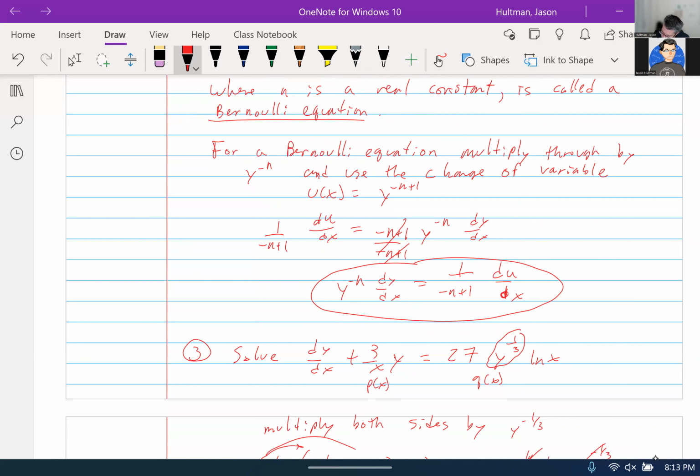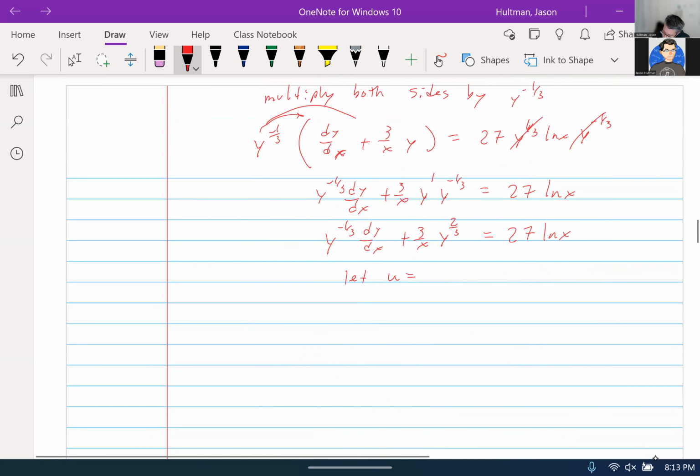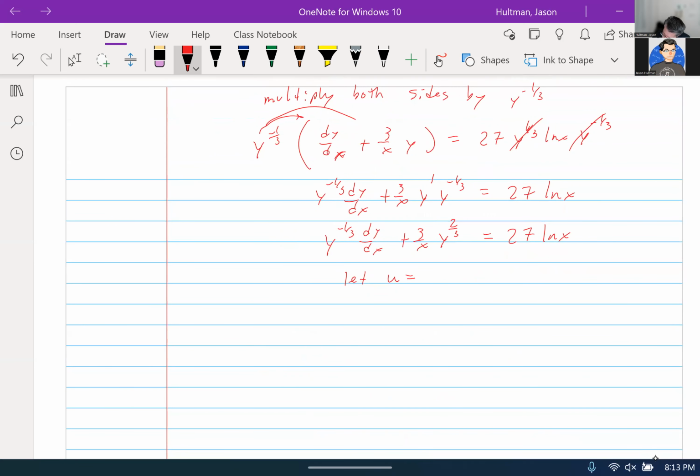So we want u to be equal to y to the negative n plus 1. The negative n refers to the exponent negative 1/3 that we initially multiplied through. So that's going to be y to the negative 1/3 plus 1, and so u is equal to y to the 2/3.